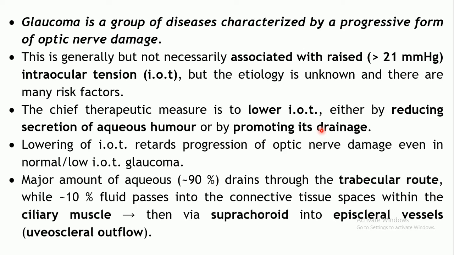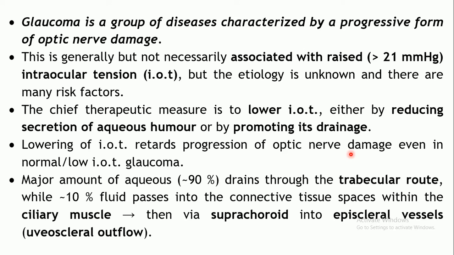There are two processes by which the aqueous humor is drained out of the eye. The drainage will again be helpful in lowering the intraocular tension. By lowering the intraocular tension, it retards the progression of the optic nerve damage, so lowering of intraocular tension helps in controlling the progressive damage to the optic nerve.